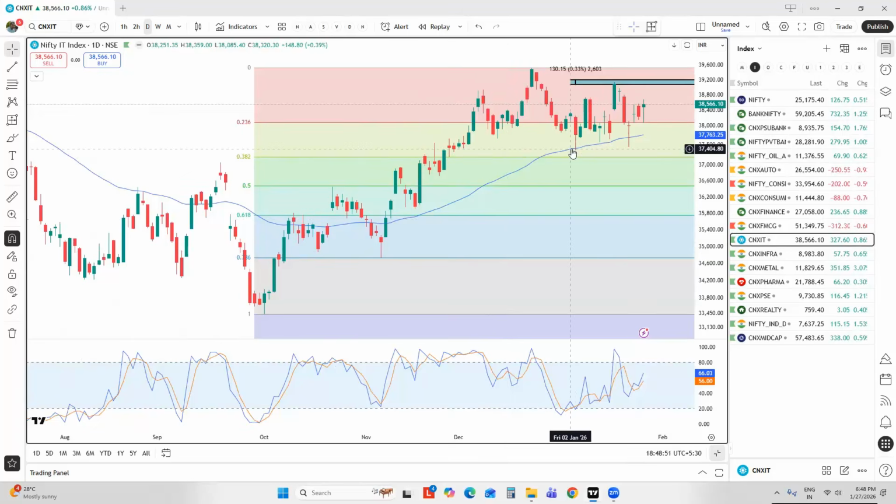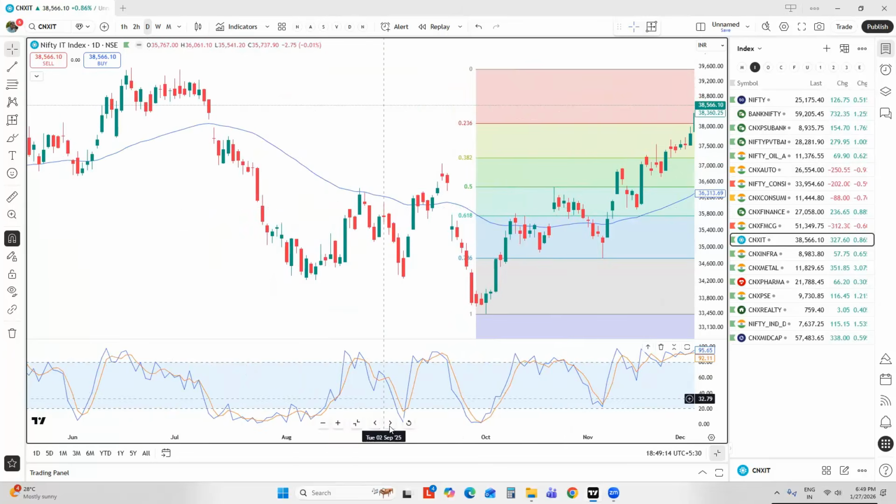See, IT pack has continuously been showing signs of a pullback, and stochastics 1413 was below 20 over here, and from there it has been constantly trying to break this. So I think if this breaks, maybe 39 to 38, maybe you'll have an up move. But this is the type of analysis which will help you.